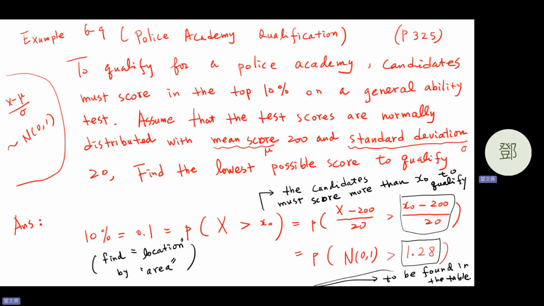So why is it 1.28? Go to the table to see why.